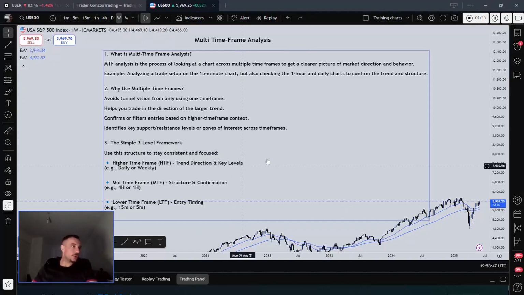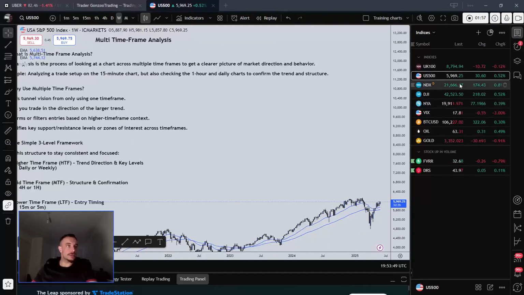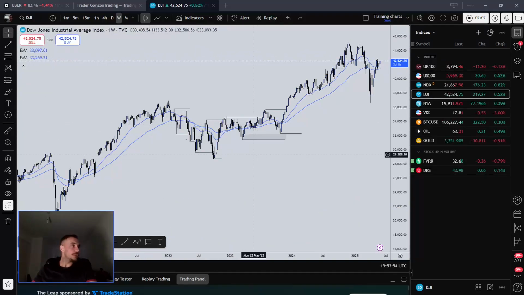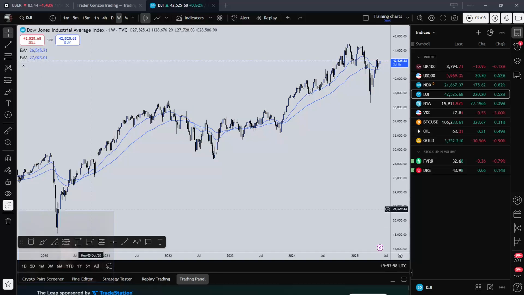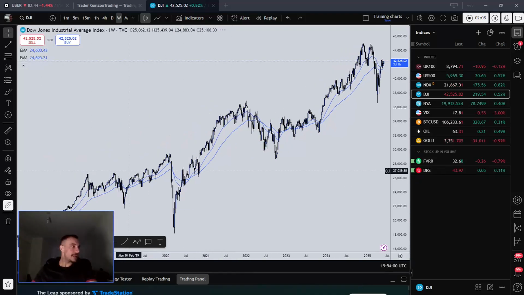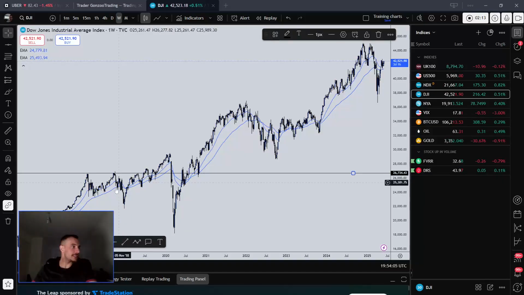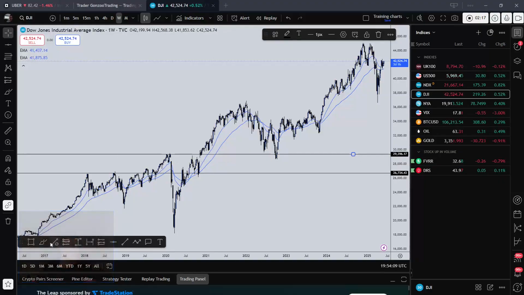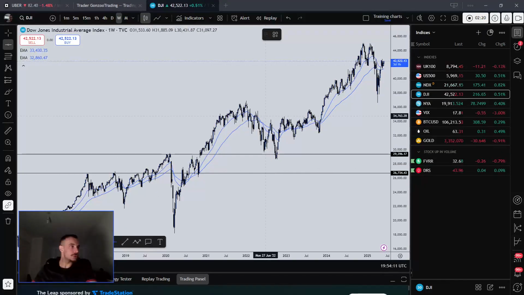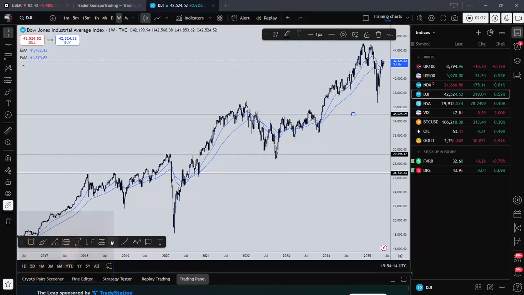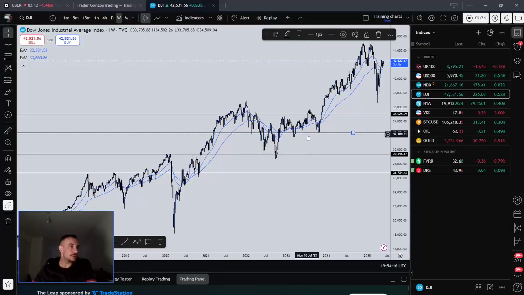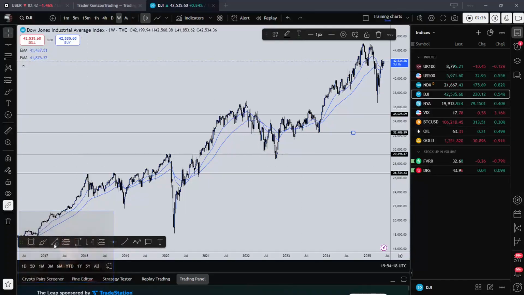So if we go through the markets, for example, on the Dow Jones, if we start on the weekly, we have areas of value which we can identify in multiple places. Support and resistance, static over here, dynamic over there.